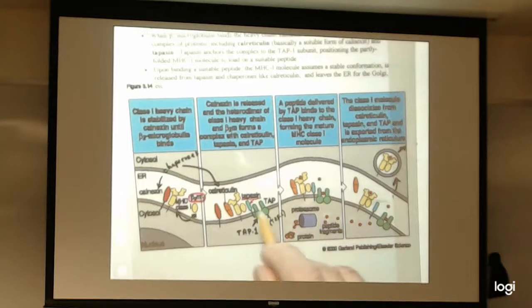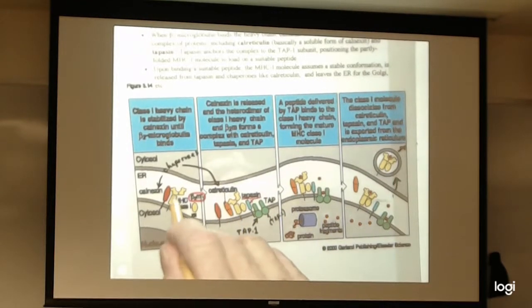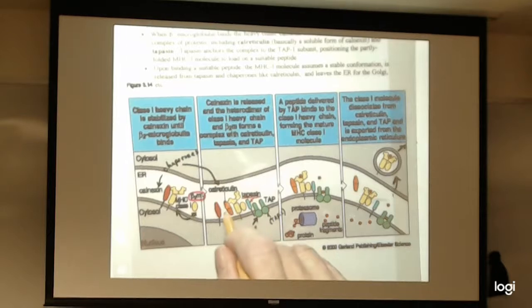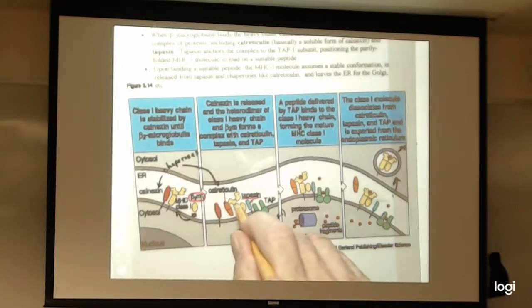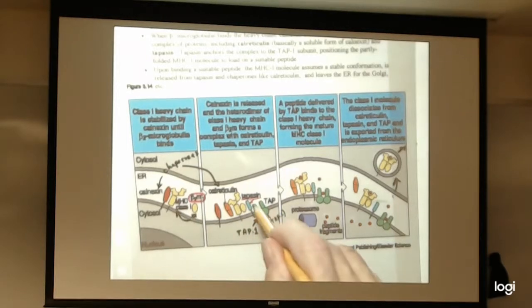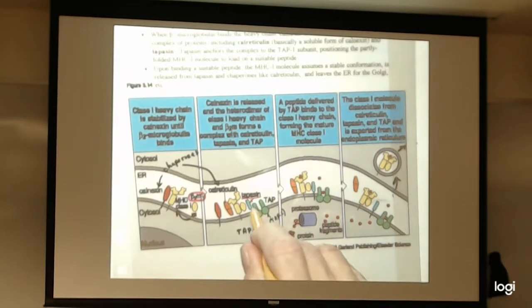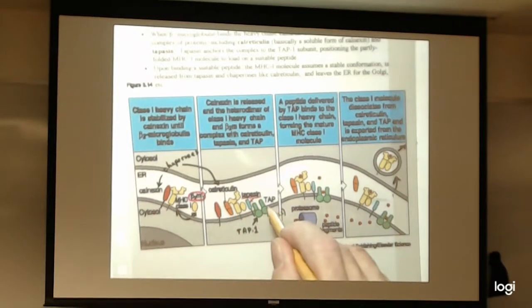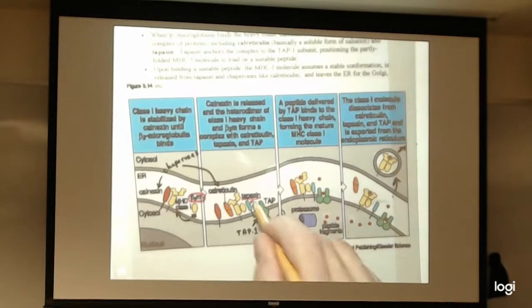Now, in addition to first calnexin, which is a membrane protein stabilizing things, then calreticulin comes into play. Calreticulin is a soluble version of calnexin, basically. And then another protein called tapasin comes into play, where the TAP part of tapasin refers to the TAP peptide transporter.